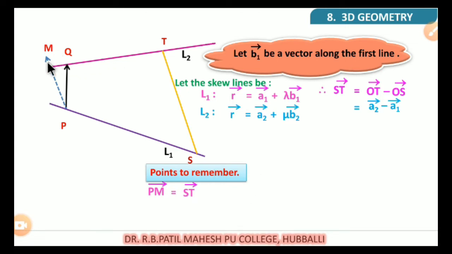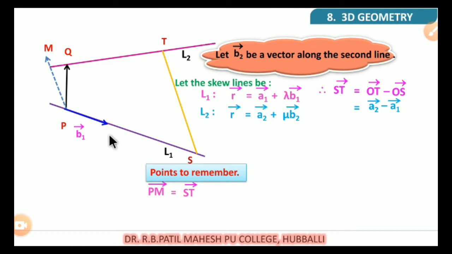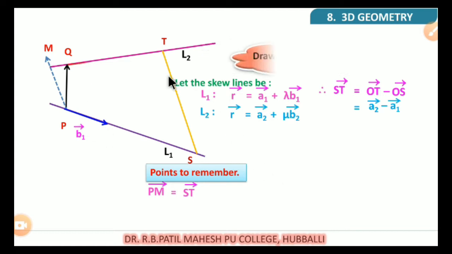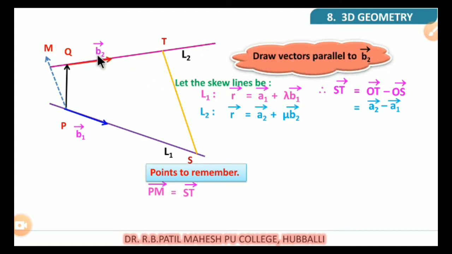See here, these two are the skew lines and PQ is the shortest distance, and ST is parallel to this PM. So both are equal here, so that PM vector is equal to ST vector. Now let b1 be a vector along the first line, and b2 vector along the L2 line.